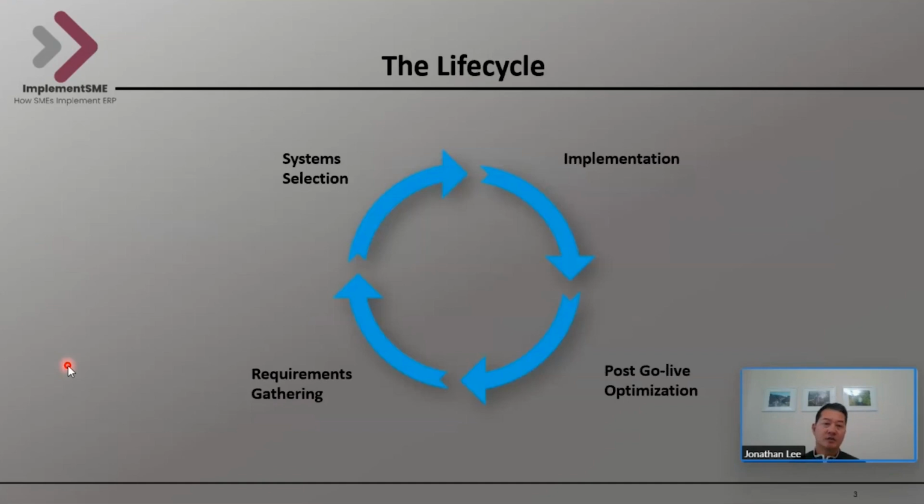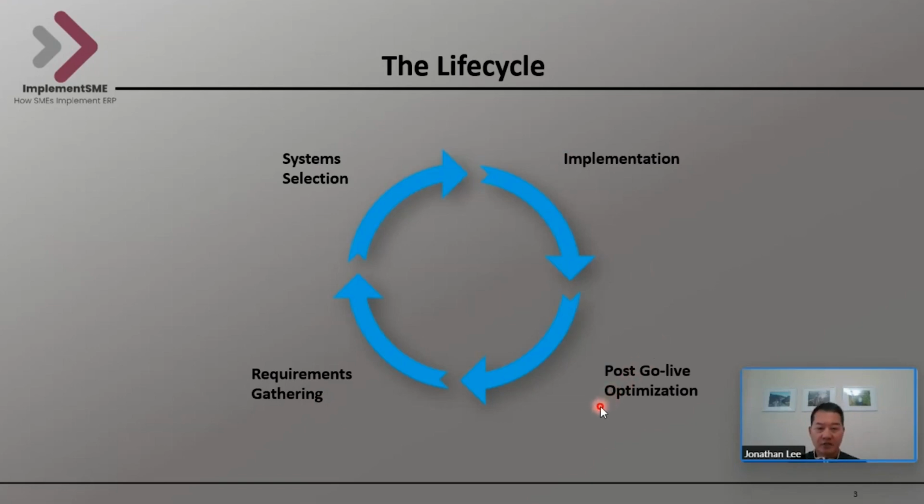Moving on. So other than that instance where the company is fairly new and they're putting an ERP system in for the first time, after that, really ERP is a never-ending life cycle, right? Because you collect requirements, select the system, license it, then you implement it, and then you go live and you say, well, there's still stuff we can do, still improvements that we should be pursuing, so you do the post-go live.